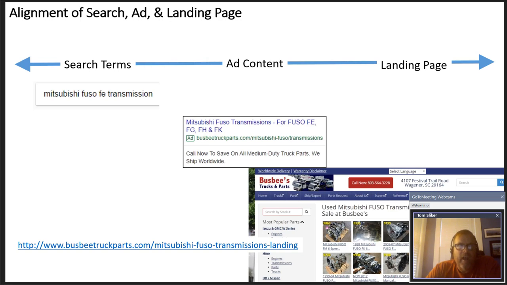That means I would be 5 times more likely to get a click. So they'd rather get 5 clicks at 80 cents than 1 click at $1. So again, tuning your AdWords, putting a lot of time in to focus this on very specific searches, very specific landing pages, and very specific ads to bring them together, makes a huge difference and a very positive effect on your Google AdWords budget.